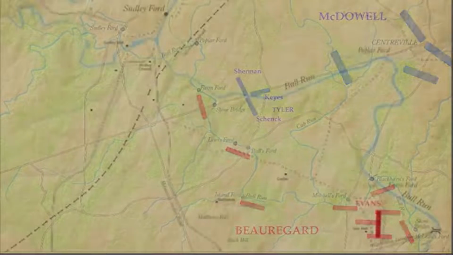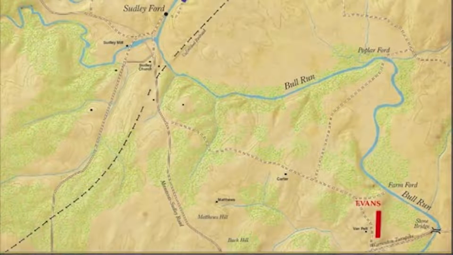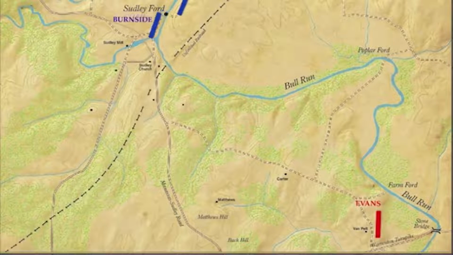This column of inexperienced and exhausted soldiers crossed Bull Run and Cub Run and emerged at Sudley Springs on the flank and rear of the Confederate Army.